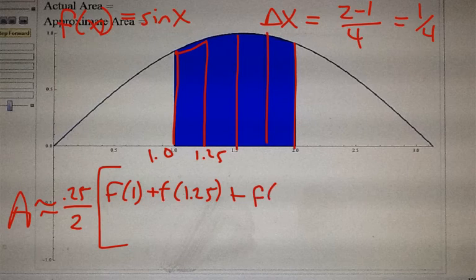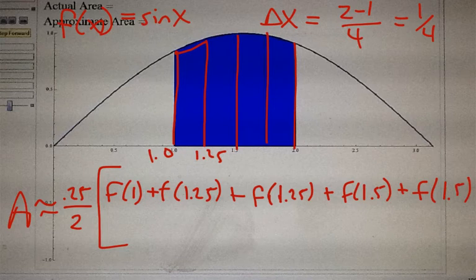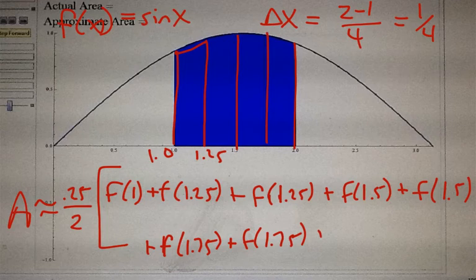And then I'm going to use f of 1.25 again, because that value's in the first and second trapezoid. Then I'm going to use 1.5, but then I got to use 1.5 again, and then f of 1.75. And then I got to use f of 1.75 again, and then f of 2.